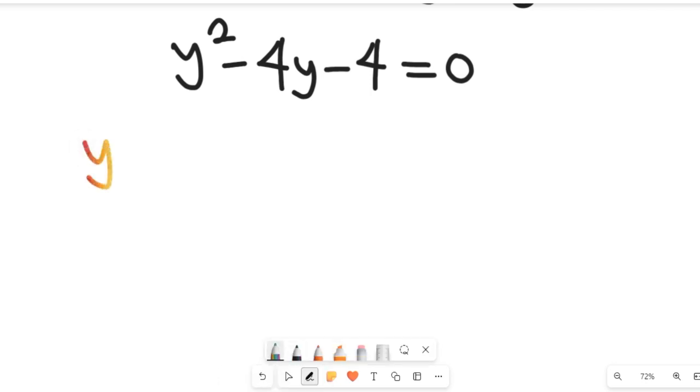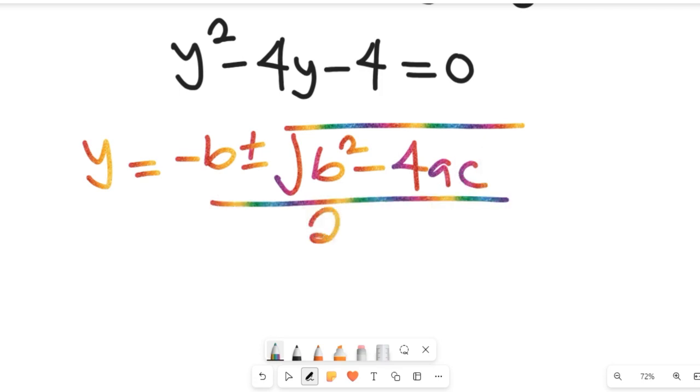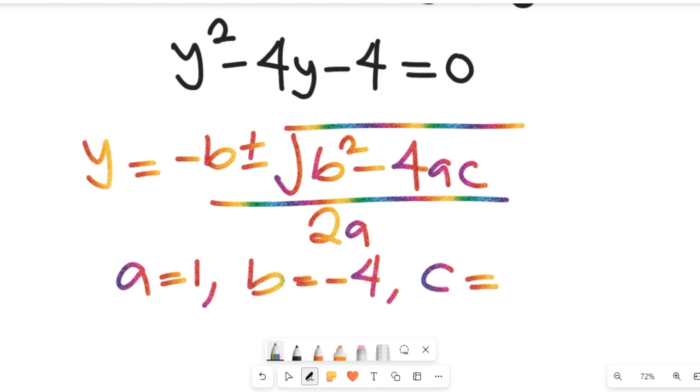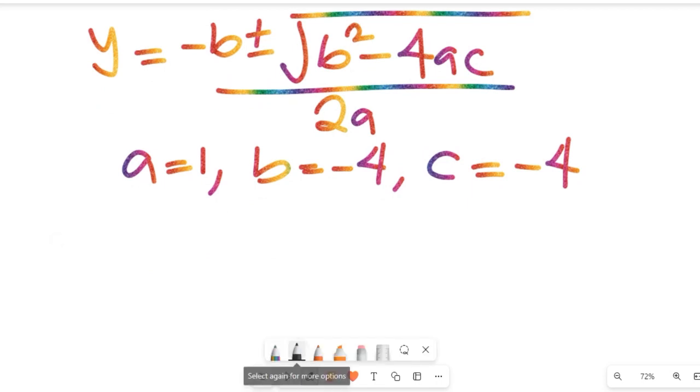We'll have our y equal to negative b plus or minus the square root of b squared minus 4ac, divided by 2a. From that expression, our a is equal to 1, our b is equal to negative 4, and our c is equal to negative 4. Great. Now let's substitute that into the quadratic formula and solve.